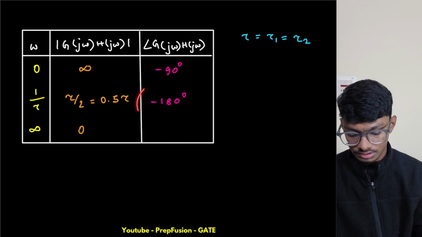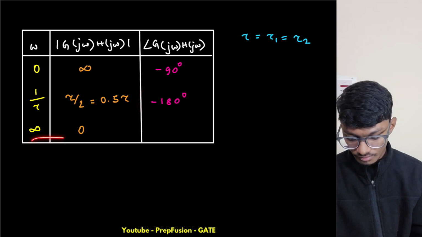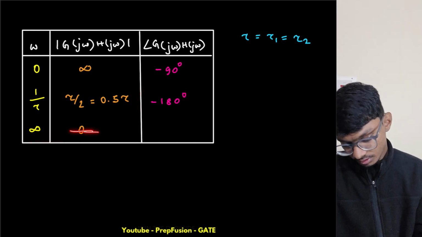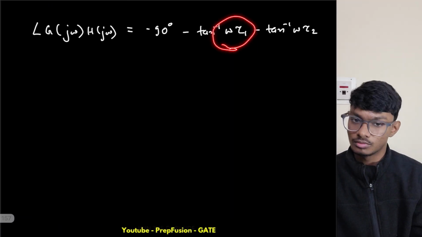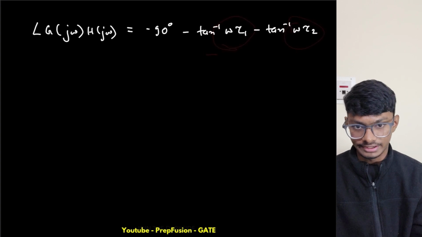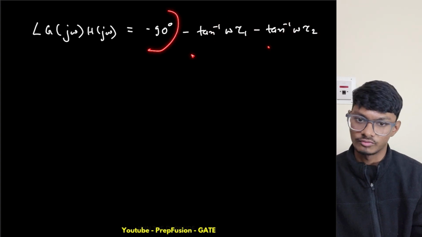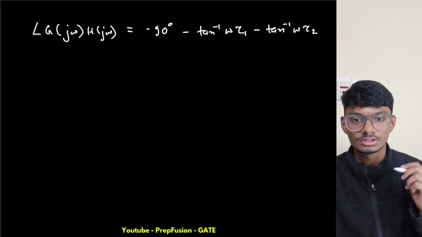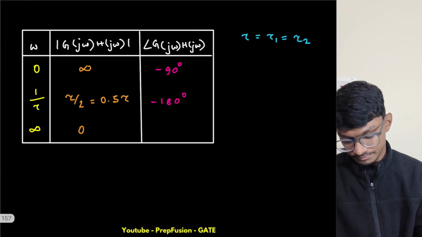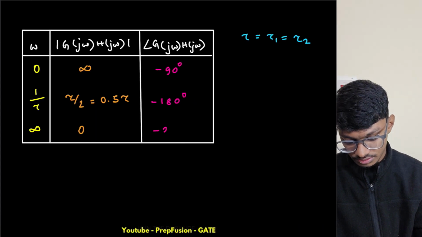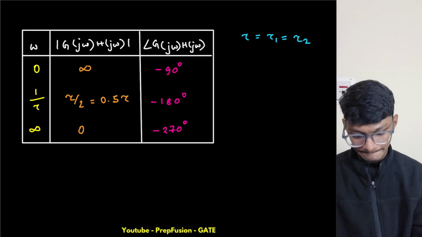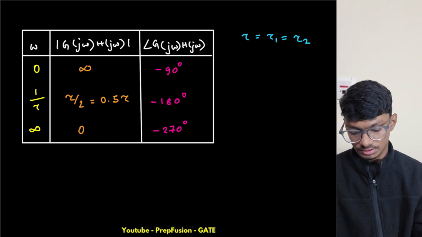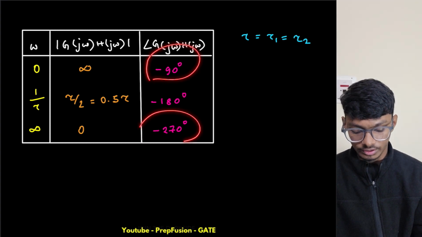And then at omega goes to infinity, this is going to 90 again, and tan inverse infinity is 90, 90, and we have another 90, so it is going to minus 270. So I'm starting from minus 90 and ending at minus 270.